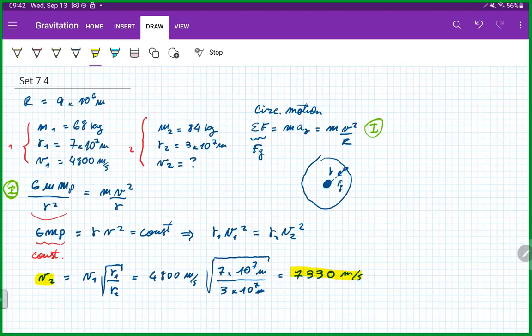So now I think we have time. Yeah, we can take a look at problem 5. Let's continue with problem 5, which is a non-circular one.